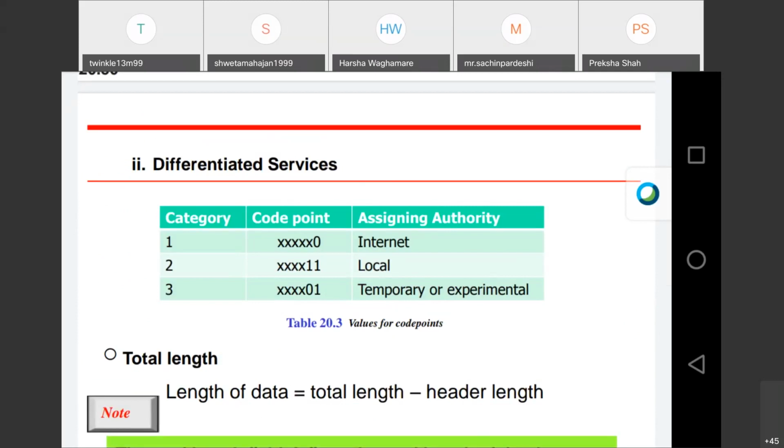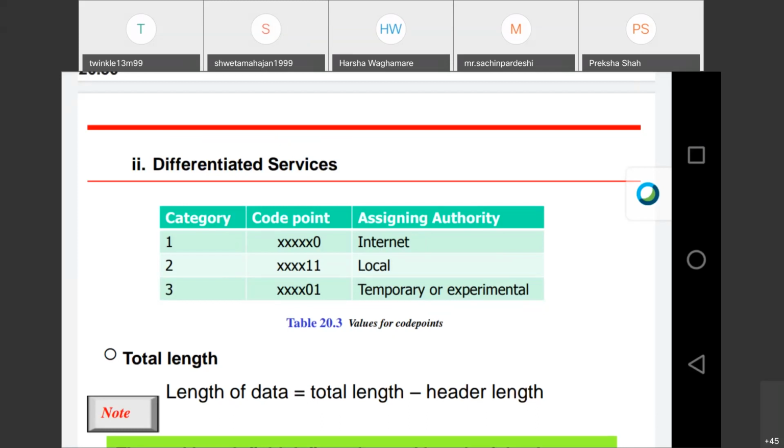So basically, there are 64 services. These 64 services are divided into 3 categories: internet, local, and temporary or experimental. Out of the 3 categories, if the last 1 bit of the 6 bits is 0, it tells us all these services are internet services.